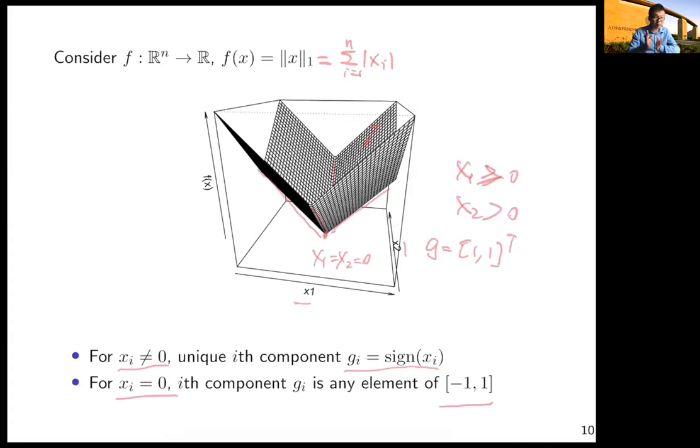For now, let's just build intuition by thinking about having a flat and a half space that supports this function from below, and what those half spaces can be. In particular, if you are on this ridge, then any half space with the decision boundary changing from the flat facing you to the flat opposite towards the far end is going to be a valid supporting hyperplane of this function from below.